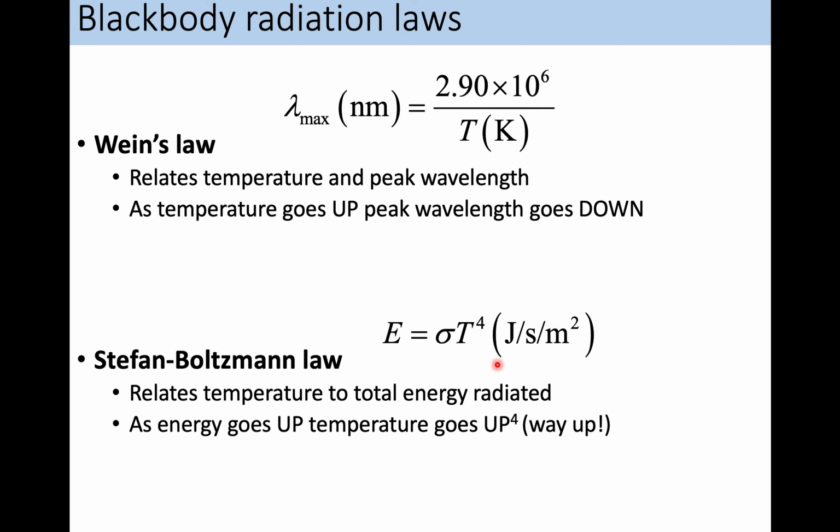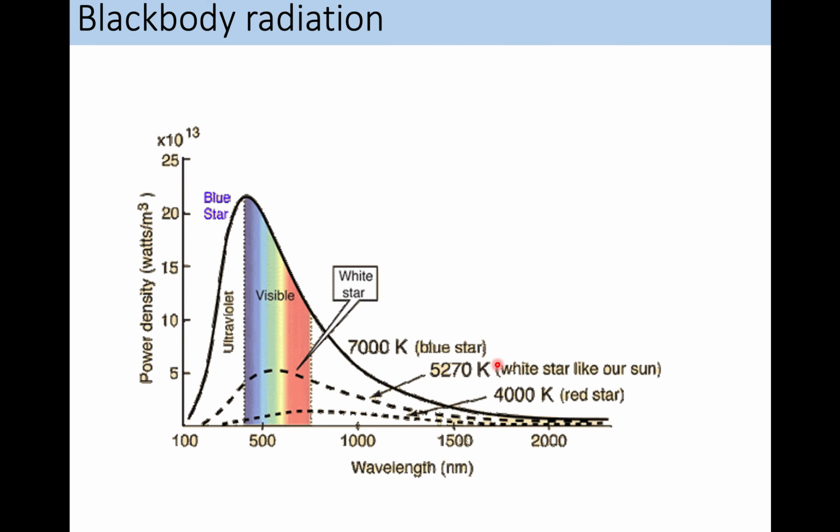So here's another example where we have a blue star. Its peak radiation is in the bluish purple, and it is about 7,000 degrees. It is emitting a higher total amount of energy than these less hot stars.